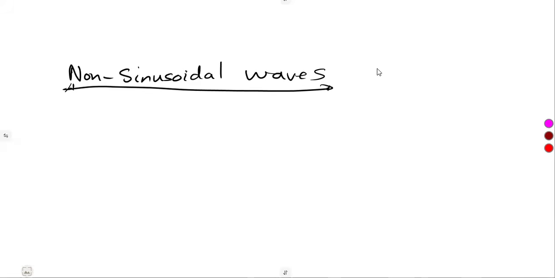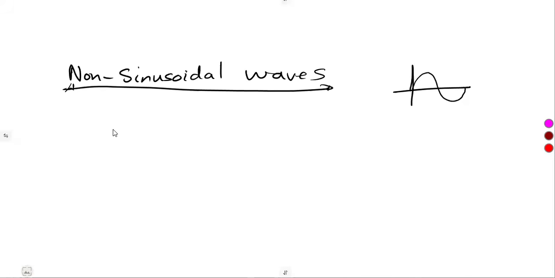It does not have the shape of a sine wave. That's where we have those rectangular, sawtooth waves, and so on. For those ones, we are not going to be given the maximum values. They are not going to say, okay, this is the maximum value, so from that now calculate the average value.